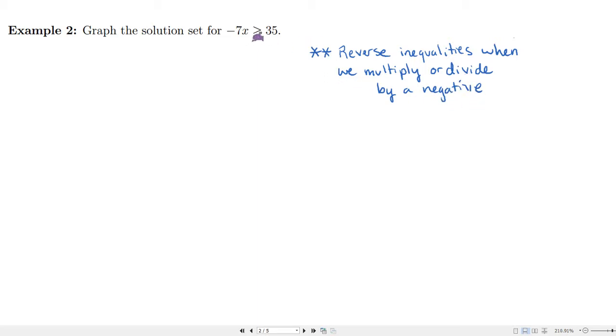All right, so when we're trying to solve this particular linear inequality, we're going to have to divide by this -7 to isolate the x.